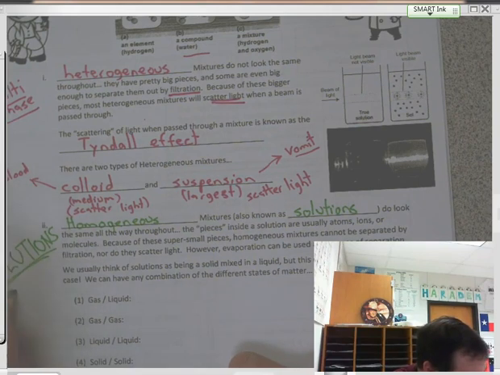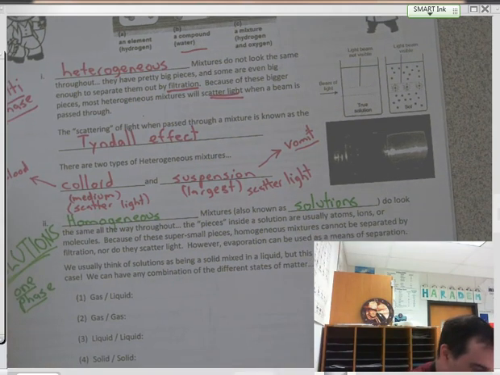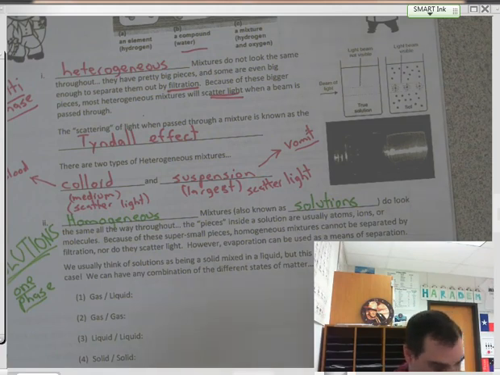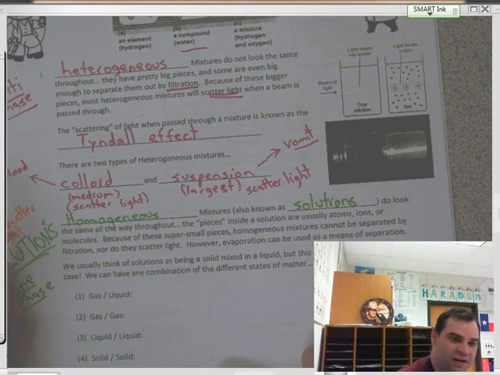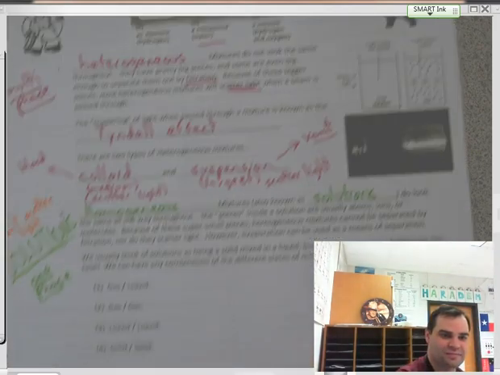These are the ones that have one phase. Okay? They look the same throughout. Okay? Solutions don't scatter light. The particles are too small and they will not scatter light. Okay?